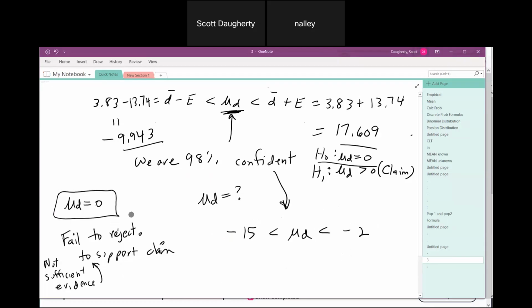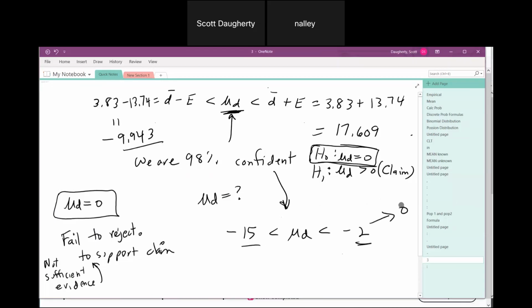Then you ask me whether I think this is a reasonable assumption. Mu sub d is 0, right? Because you're assuming the null hypothesis is true. Is that reasonable based upon the confidence interval? I would say no, because I'm 98% confident that mu sub d is somewhere in here, and 0 is not in there. 0 is above negative 2.